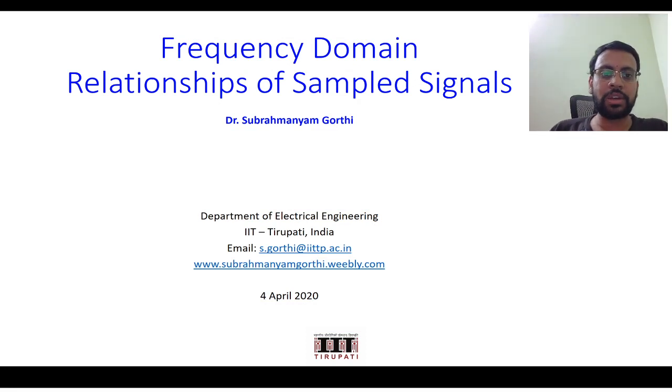To summarize, we have discussed the frequency domain relationships between Xs of j omega and X of e power j omega, followed by Xc of j omega and also X of e power j omega. We have drawn how the frequency magnitude spectra would look when there is aliasing and when there is no aliasing.